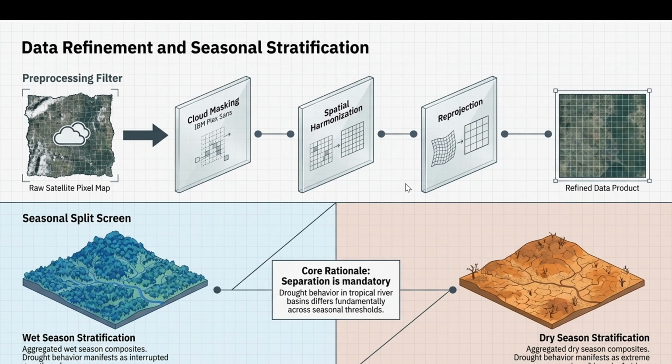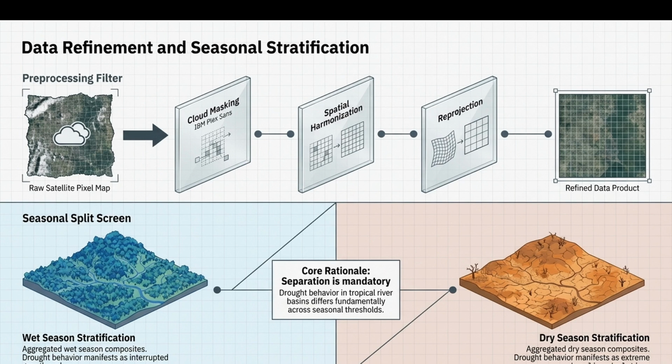And after using this data, we apply different types of seasonal stratification. For the dry season, what is the scenario? For the wet season, what is the scenario? We try to check this result: for the dry season, what is the condition and behavior of drought? We try to identify this.